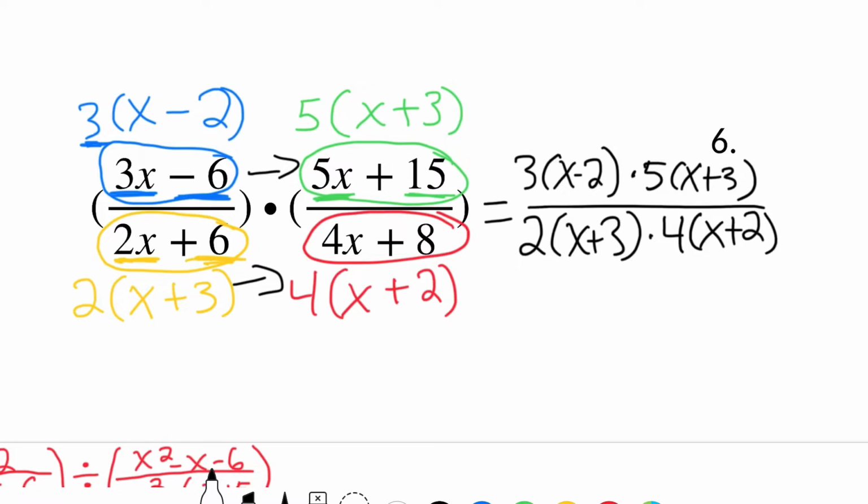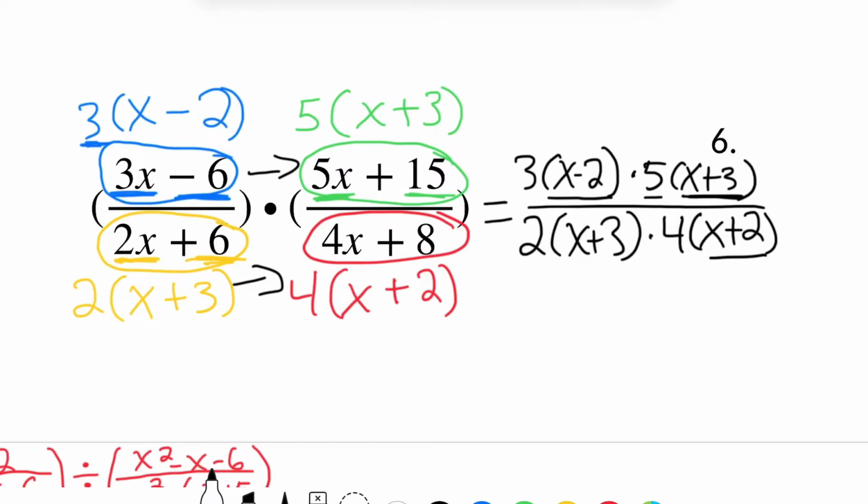And then we're looking to see if we have anything in the numerator that matches the denominator. We do not have a 3, so we can't cancel out the 3. Do we have an x minus 2 in both the numerator and the denominator? No, we do have an x plus 2, but not an x minus 2. We don't have a 5 in the numerator or in the denominator, so we can't cancel out the 5.